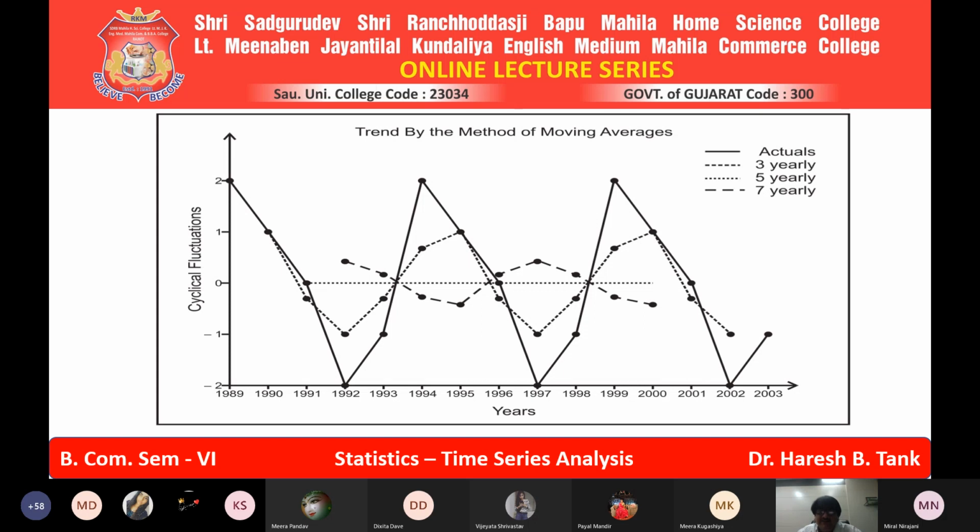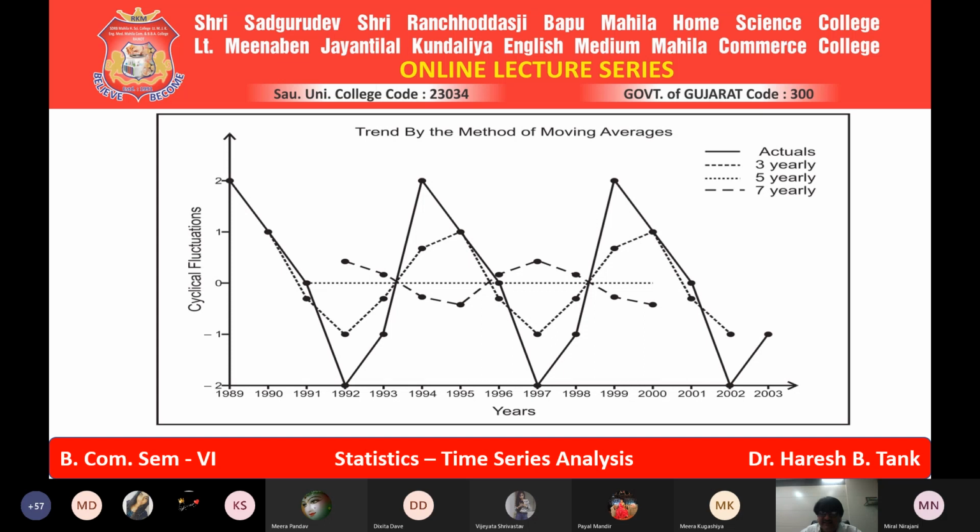Look, 5 yearly. For 5 yearly, all of them were 0. So at that point of time, the line would be parallel to the x-axis. Similarly, 7 yearly with a little broader dash. You have to write it down.